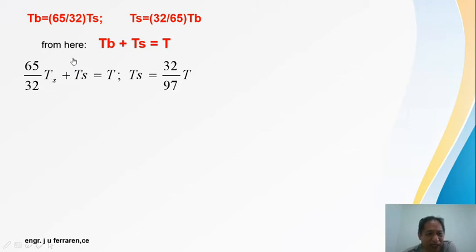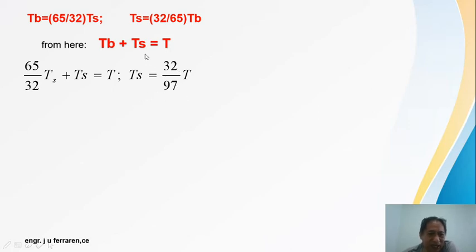So if you combine this, 65 over 32 plus 1. This is 1, or 32 over 32. So 32 plus 65, that will give you 97 over 32 TS, correct? So your TS in terms of T is 32 over 97.